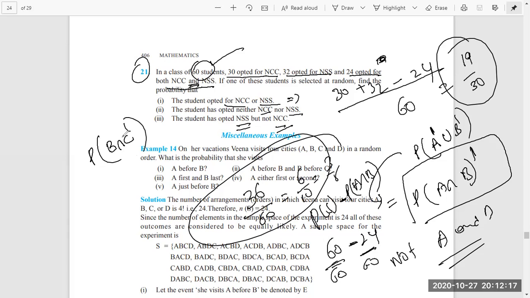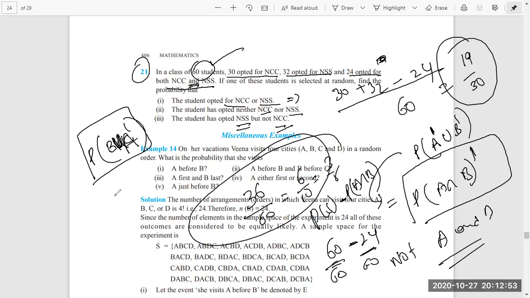It is opted for B but not NCC. Sorry, B intersection A complement.